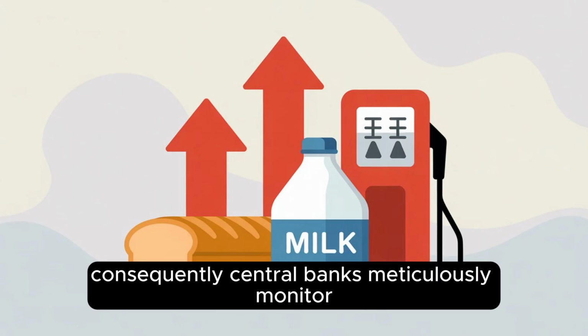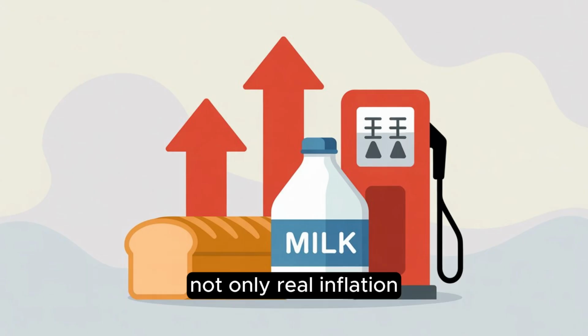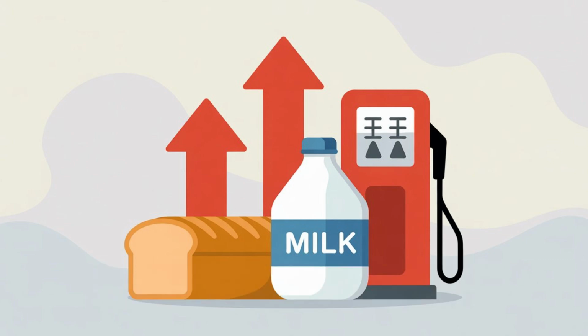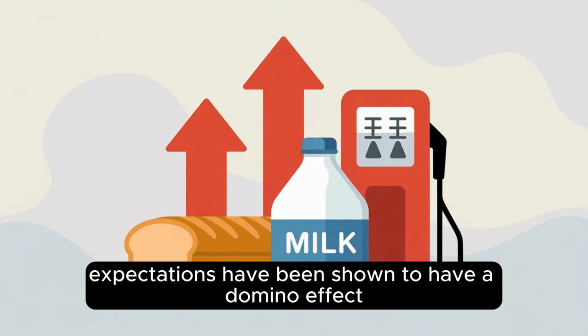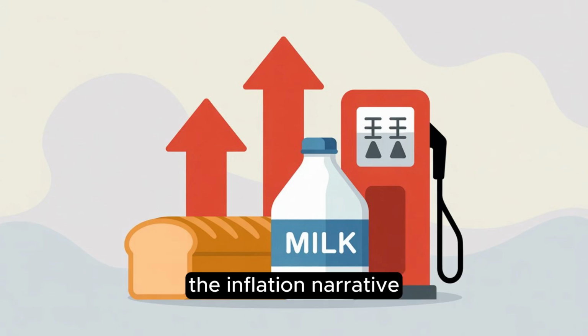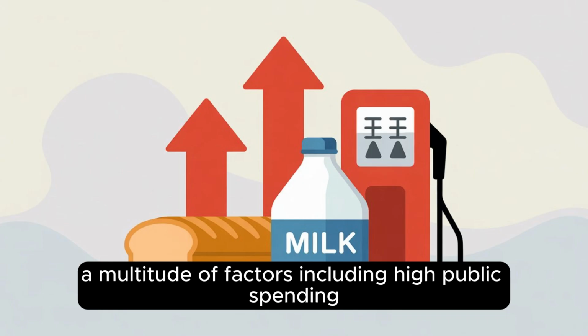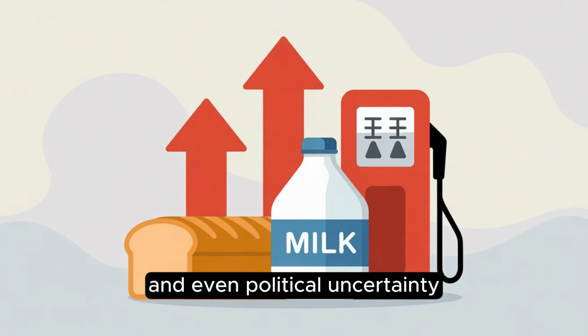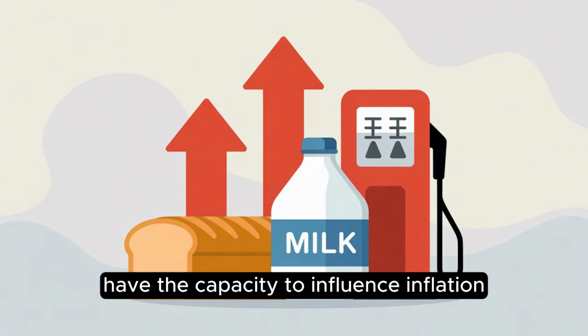Consequently, central banks meticulously monitor not only real inflation, but also the public's perception of future inflation. Expectations have been shown to have a domino effect. It is evident that governments also play a significant role in the inflation narrative. A multitude of factors, including high public spending, tax policies, interest rate decisions, and even political uncertainty, have the capacity to influence inflation.